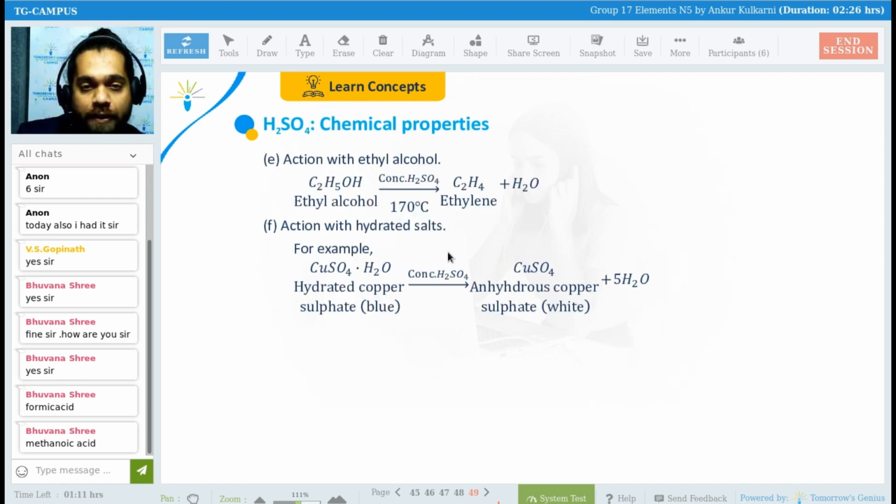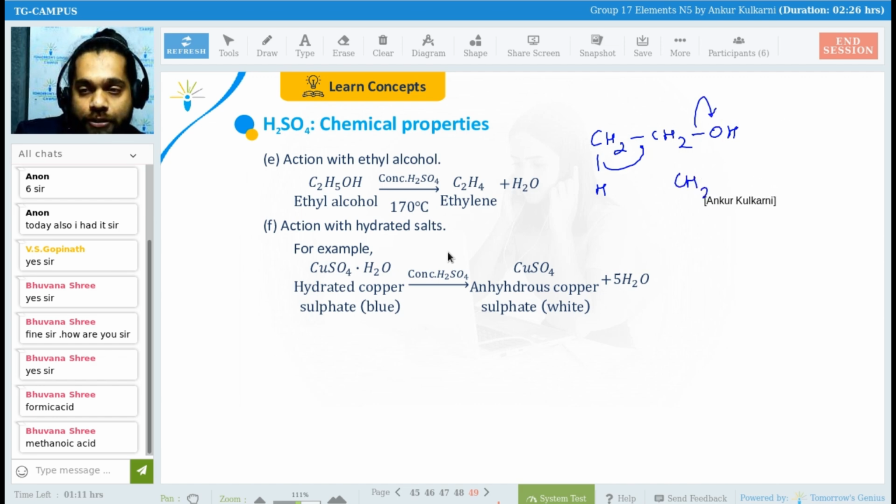What do we have next after this? Action with ethyl alcohol. Again, the same thing, everyone. C2H5OH means CH3CH2OH. If I put H2SO4, Sajna, Prashanti, it is a dehydrating agent. That means H and OH will go away like this.